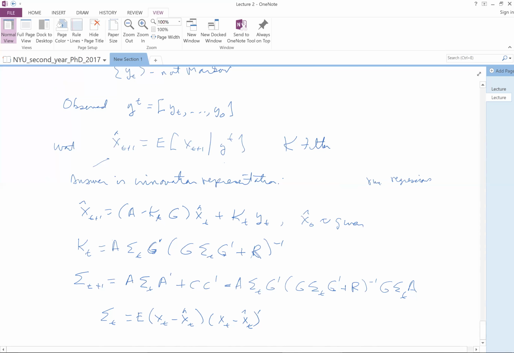So there's our answer. Now, what I asked you before, do these two equations here remind you of anything you saw in last time's lecture? And then the other thing is, are they the same as what you saw in last time's lecture?